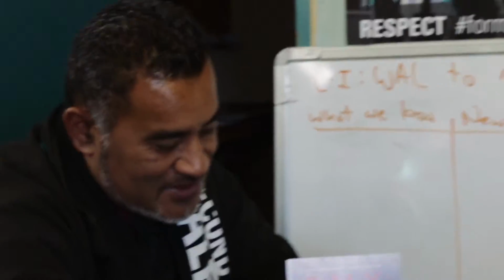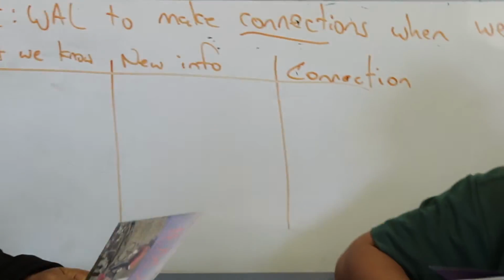So when we read the book today, what are we reading today? BMX. Everything in there that you read about, you're making connections with stuff you already know. Before we start on the what we know part, write down what you already know. No, we're not going to open the book. What do you already know about BMX?